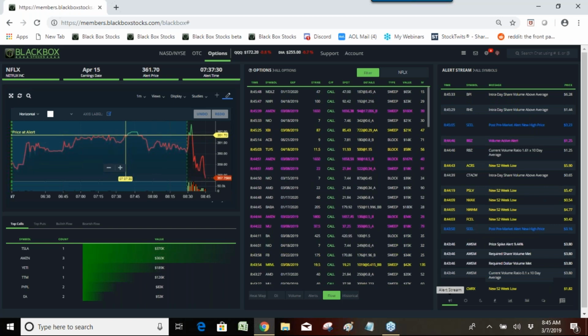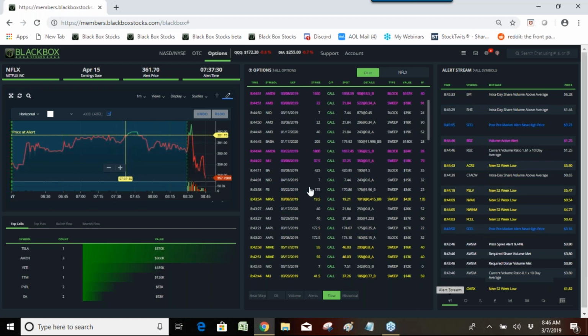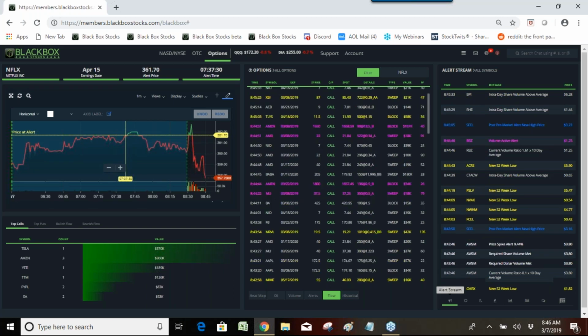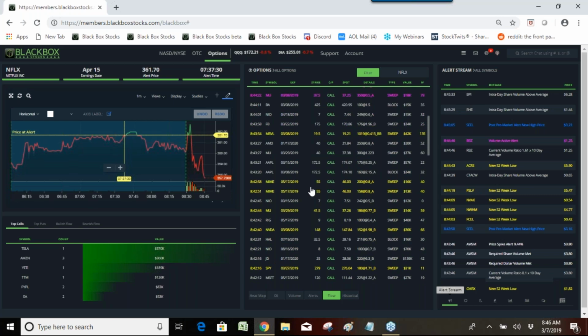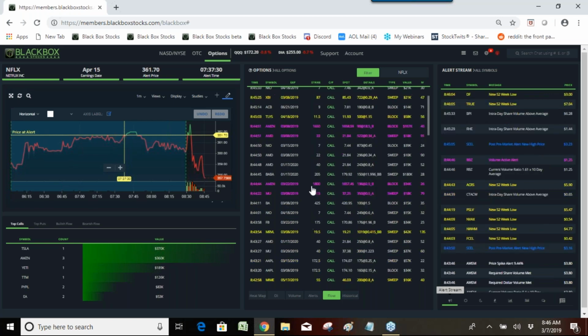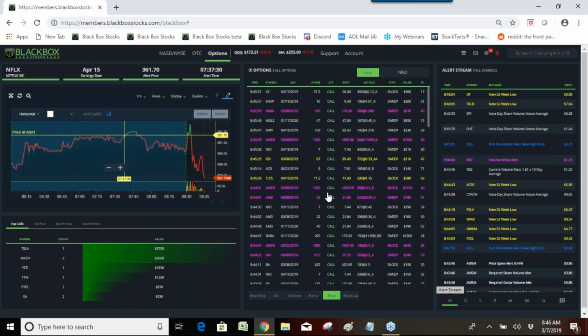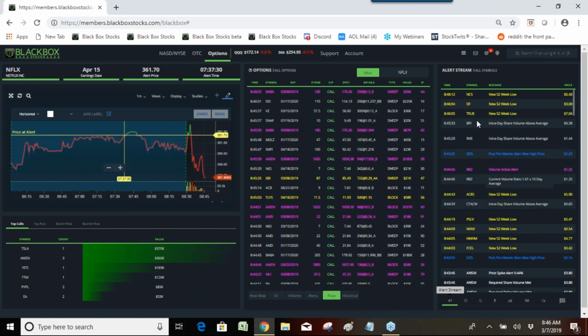So let's look over on our options flow. I still haven't seen any real consistency. TrueCar, 52-week low, right? Let's go hit the chat room.